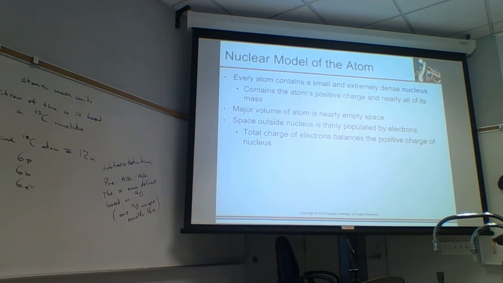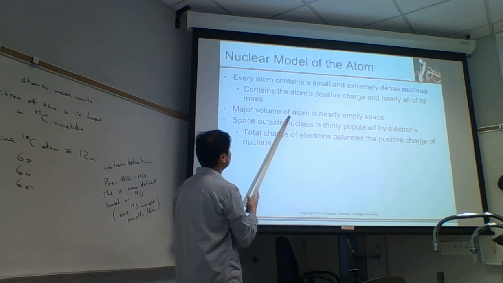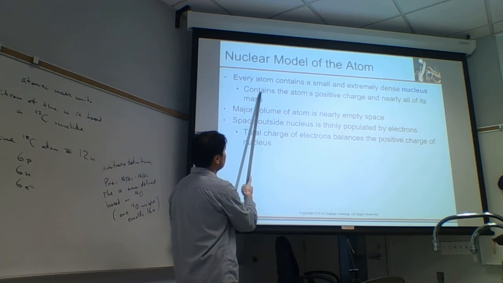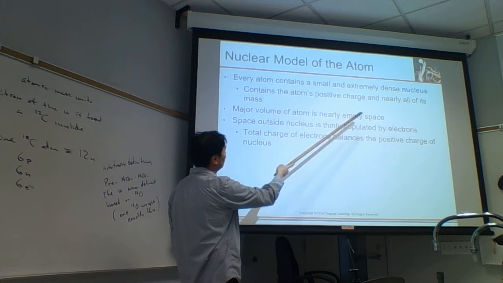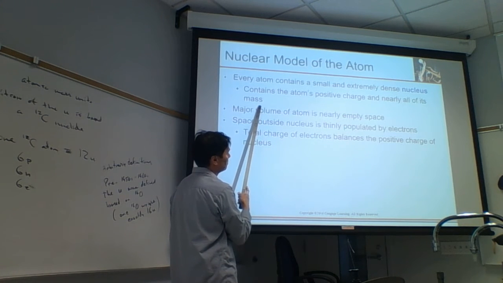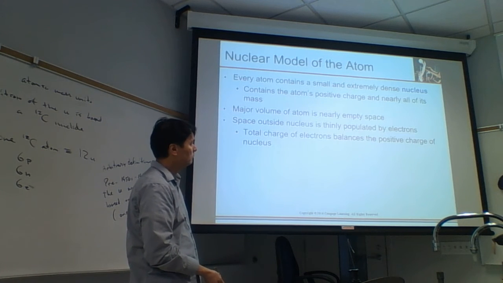All right, so let's talk briefly about the nuclear atom model. The nuclear model of the atom: every atom contains a small and extremely dense nucleus. The nucleus contains all the atom's positive charge and nearly all of its mass. It's kind of weird to think about, but atoms have a lot of empty space.